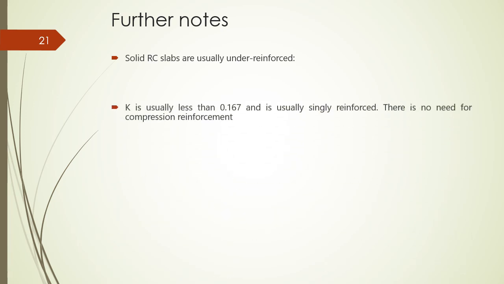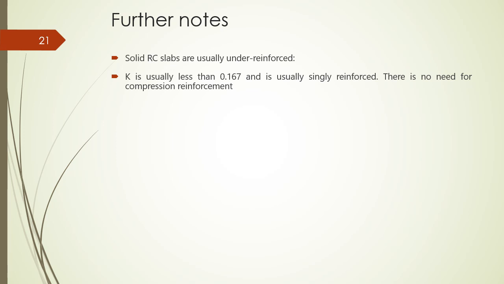Some further notes in the design of reinforced concrete slabs. Solid slabs are usually under reinforced. This just means that the steel will fail before the concrete fails. This is achieved by using the formulas earlier derived.